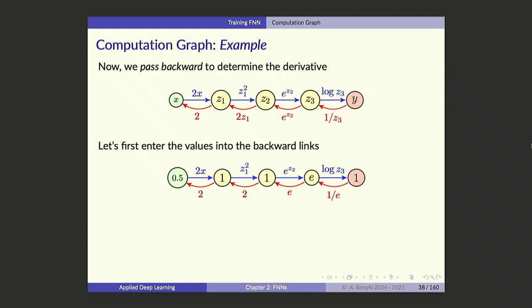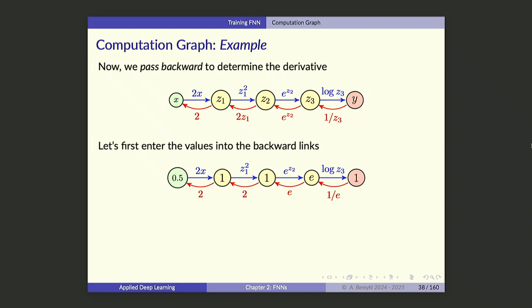It also knows that this backward function is exponential, so when z2 is 1, this function is going to return the value e, right? So on for the next one, it's going to return 2 because this function is 2z1, and z1 in your computation graph is 1, right? And then the final one is always 2, regardless of what the value of your x is, right?